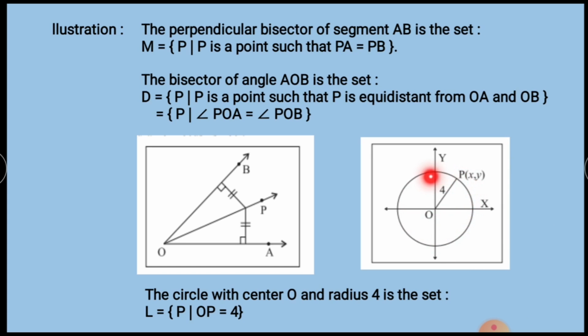If we consider any point on the circumference of the circle, that point is equidistant from fixed point O. So the circle is a best example of locus, the collection of points which are equidistant from fixed point. So the fixed point we always call center, and the distance is called the radius of that circle.